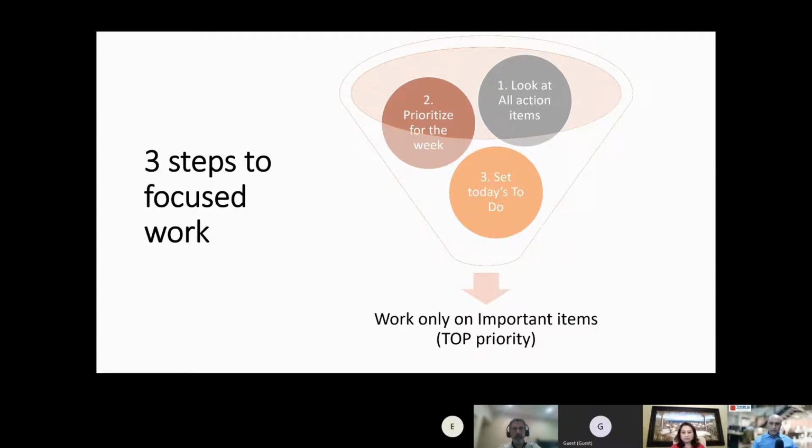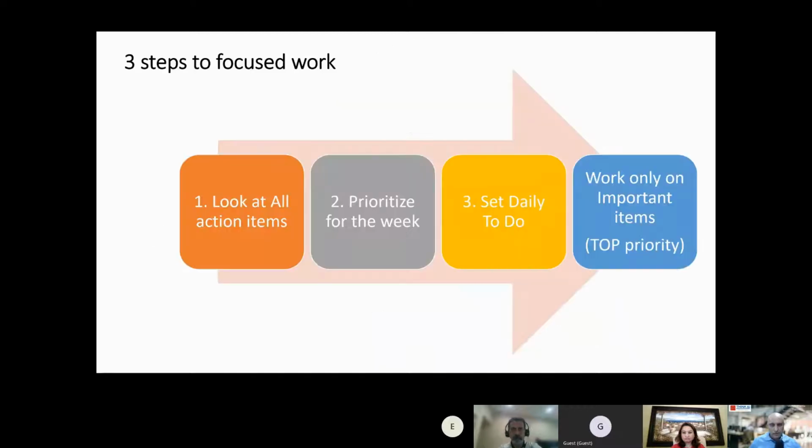And third, on a daily basis, you have to be clear on what you're going to do today and tomorrow. Again, different view, same thing. All items, keep prioritizing for the week, daily action items, and then you just start working on the top priority.